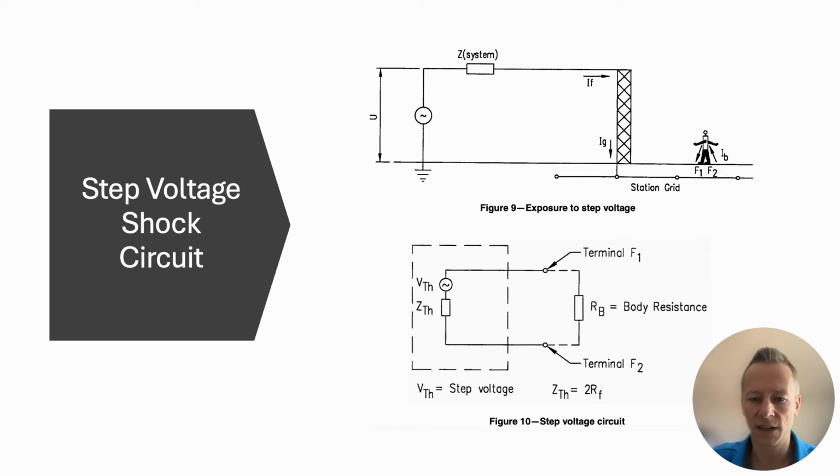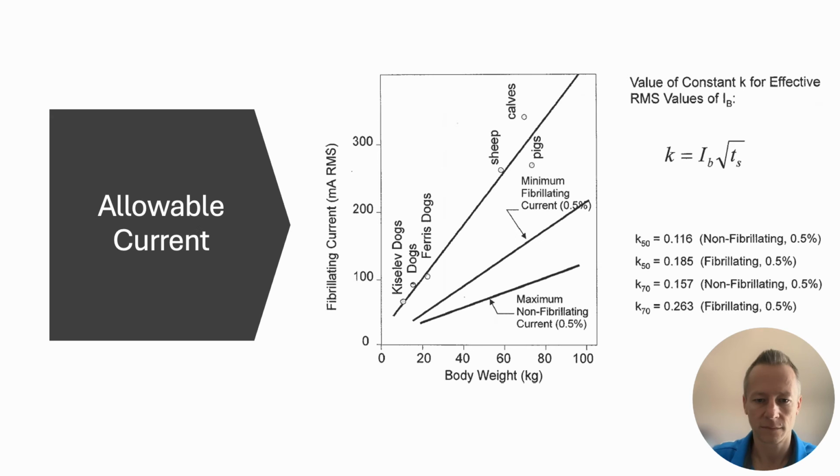Step voltage is a similar circuit, again out of IEEE Standard 80. Keep going to the next slide. This is also out of IEEE Standard 80, and it's just based off what the allowable current is through the human body.